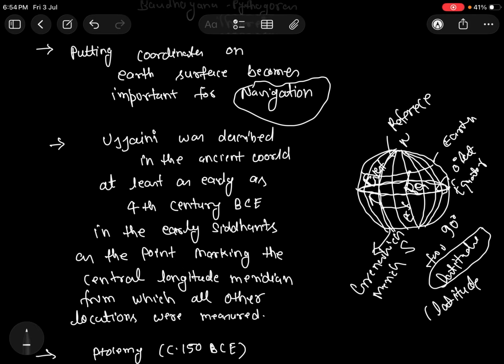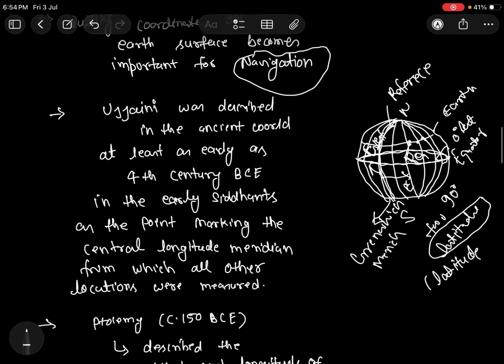So what are latitude and longitude? They are nothing but angular distances. One is from the equatorial plane, that is your latitude, and the second is from a conventionally mentioned reference meridian, that is the Greenwich, from where we measure the longitude of any particular point. By measuring these two angular distances, we can describe any particular point on the earth's surface.